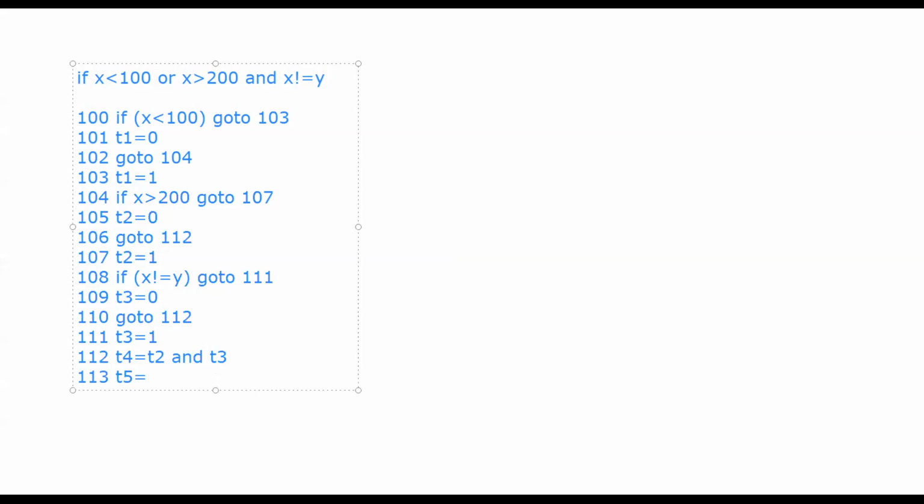T5 equals T4 OR T1. Fine. So if the first condition is true, go to line number 103. If the first condition is false, then go to line number 104 and execute this. Fine.